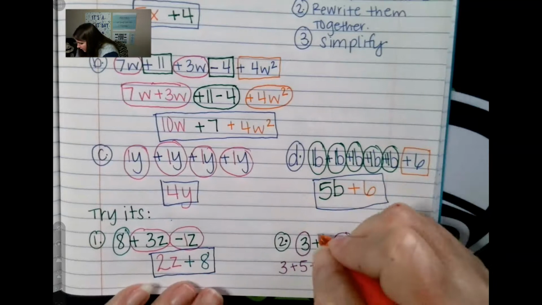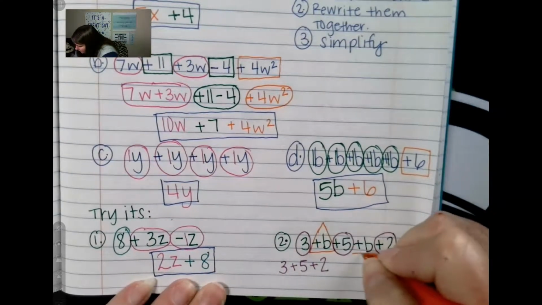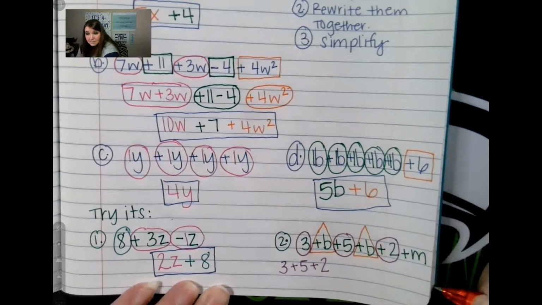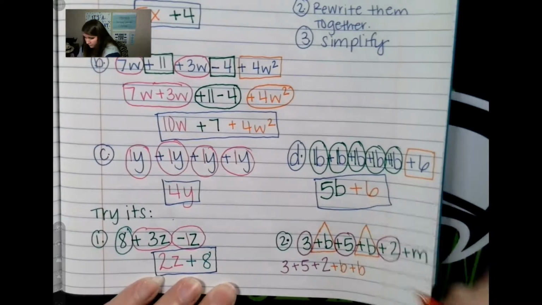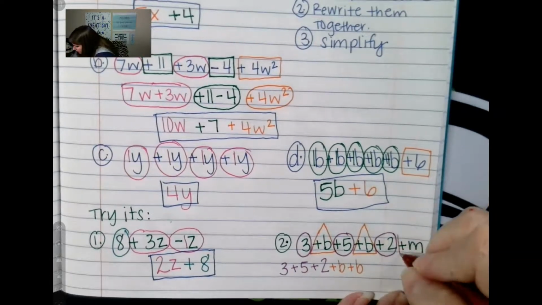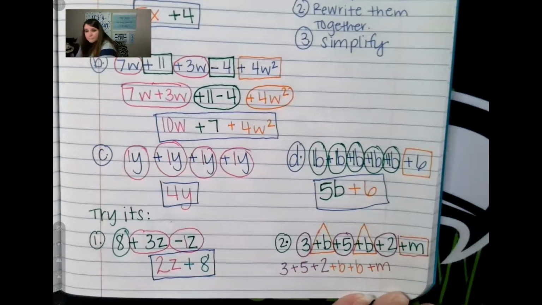What variables do I have? I have a B, and I have another B, and I have an M. Not the same thing. So I'm just going to put plus B, and last but not least, I have an M. So I'm going to put plus M.